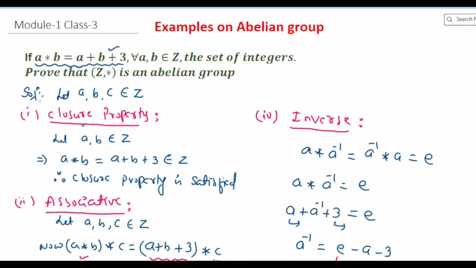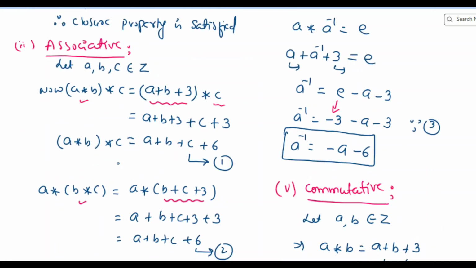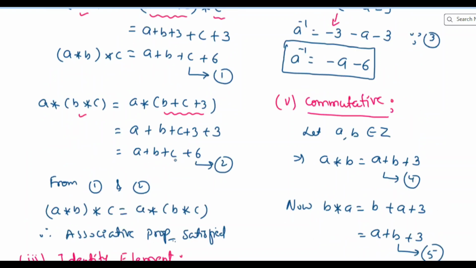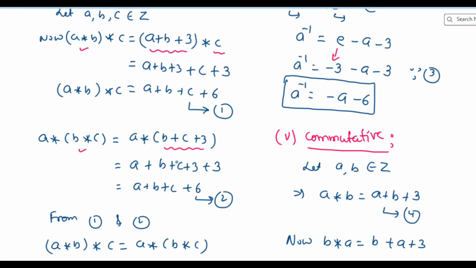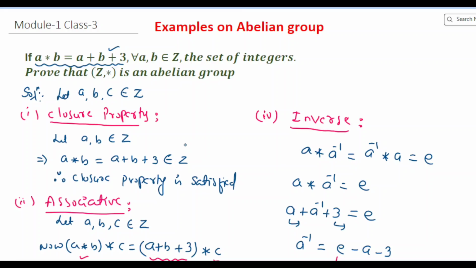Once again, just look for 1 second: closure property, associative property, identity element, inverse, and the last one is commutative. If all 5 are satisfied, then we say that Z comma star is an abelian group. Please watch my previous class also, and you can easily solve this problem. It depends purely on the definition of a group as well as the definition of the abelian group. So I hope you understood this.